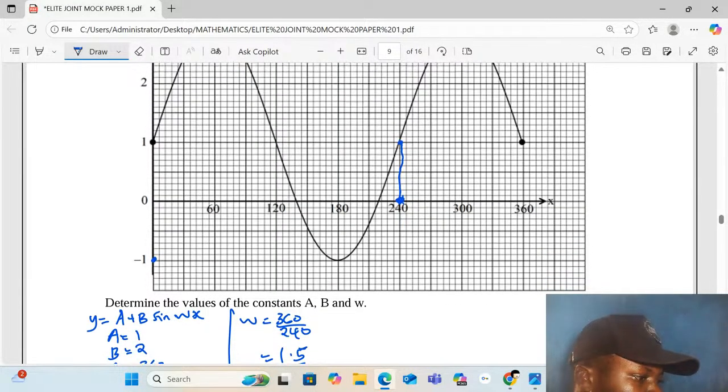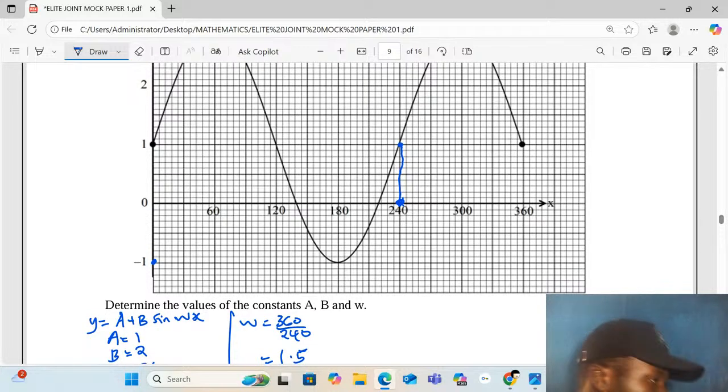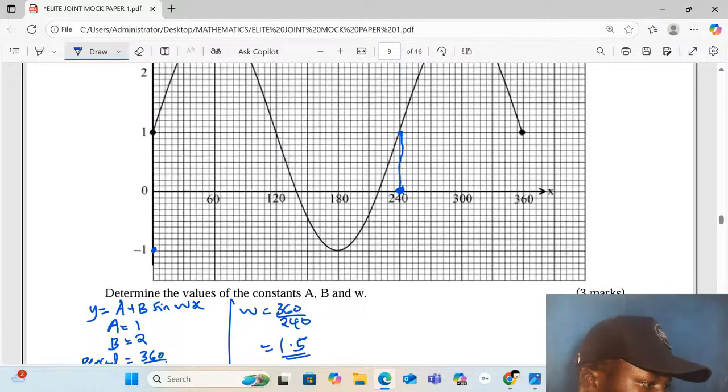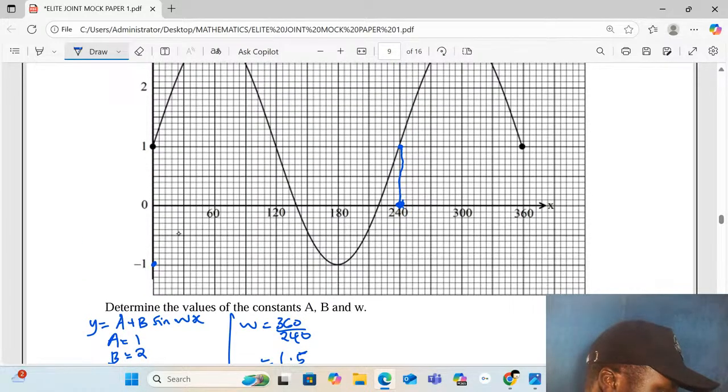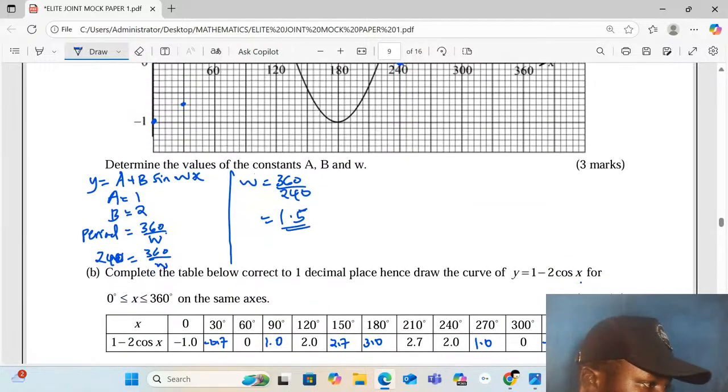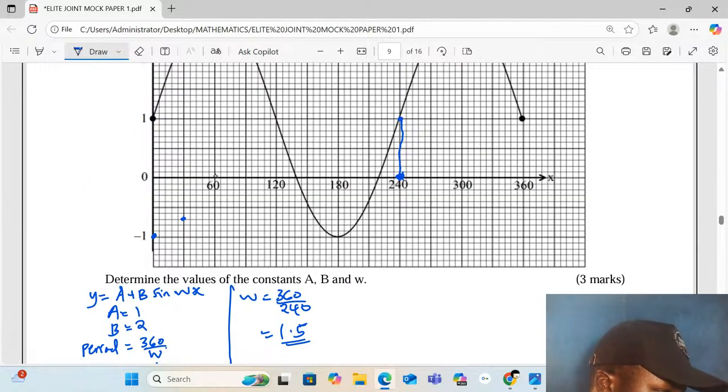Then we move to the next one, 30 degrees. Where we have 30 degrees, we have negative 0.7, somewhere here. Then next is 60, we have 0 here.